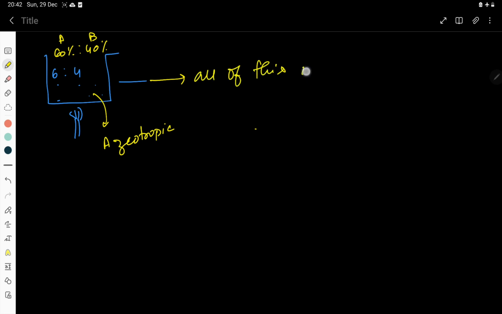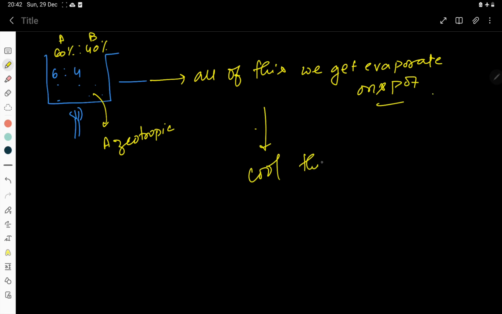All of this will get evaporated on the spot. Now if we cool this thing, again a liquid phase comes on the spot. Liquid phase comes on the spot.